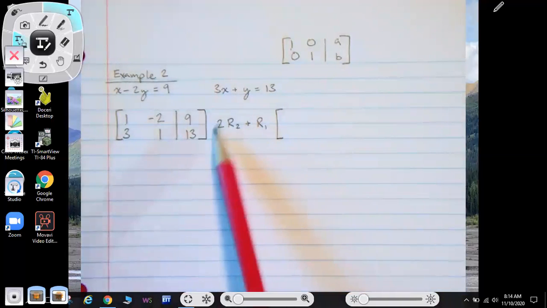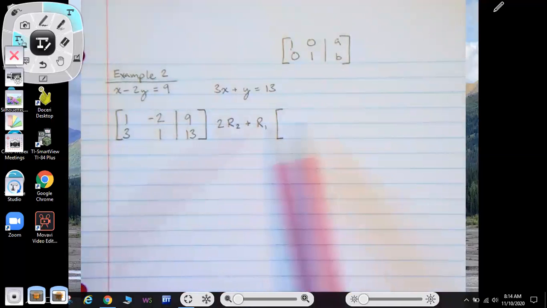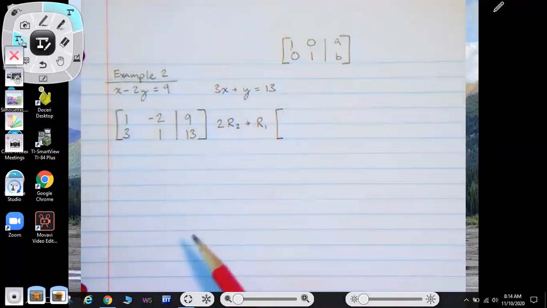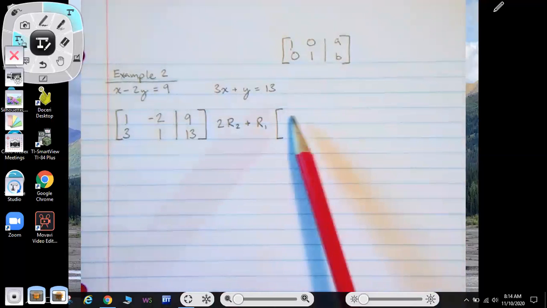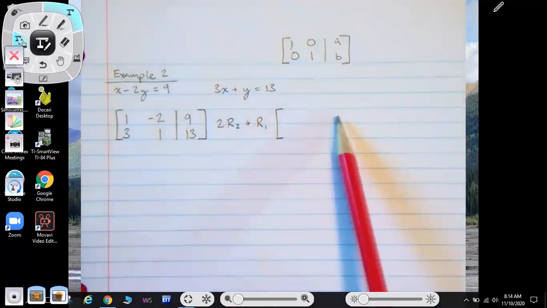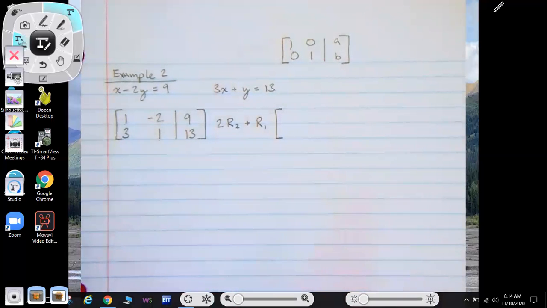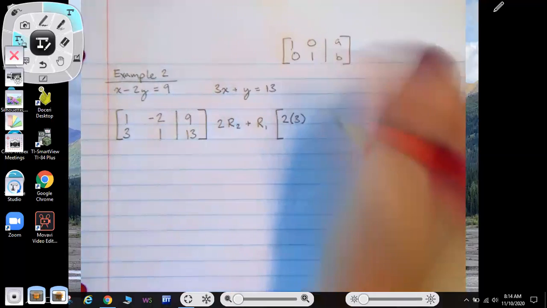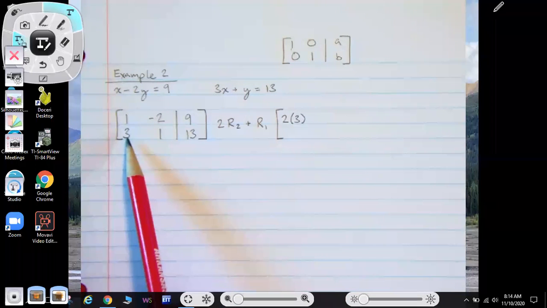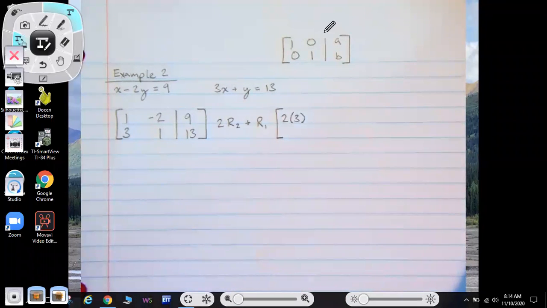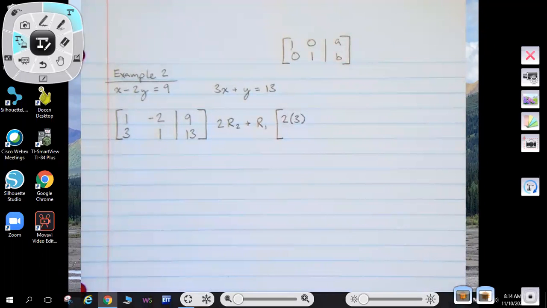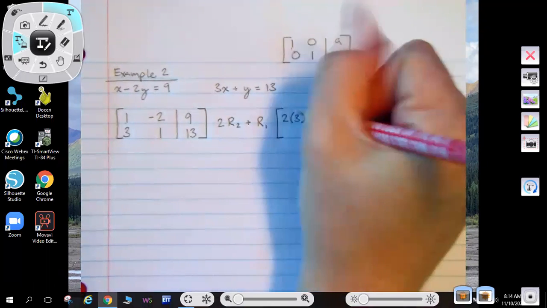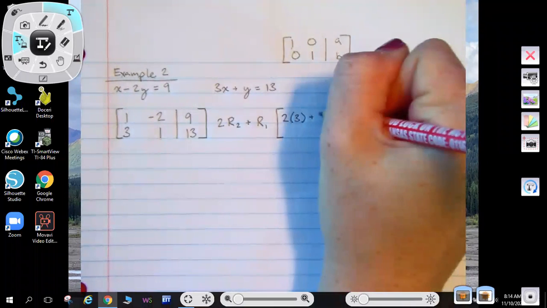So we're going to use this as sort of a formula to figure out each new number of our first row. So the first number of our new first row, we're going to follow this formula: 2 times row 2, which in the first spot has a 3, plus row 1, which that number is a 1.